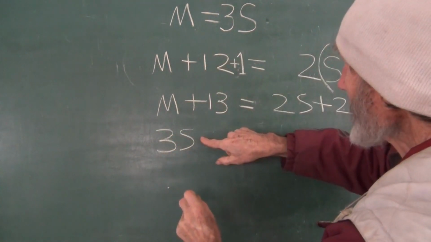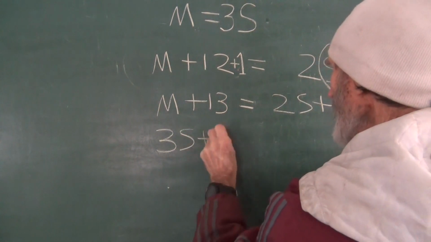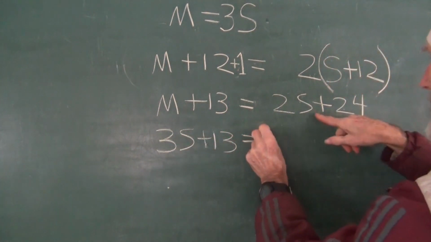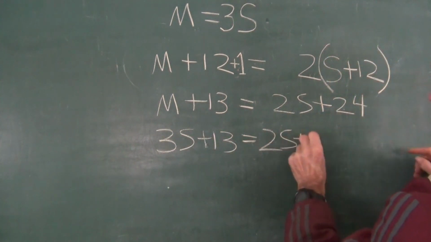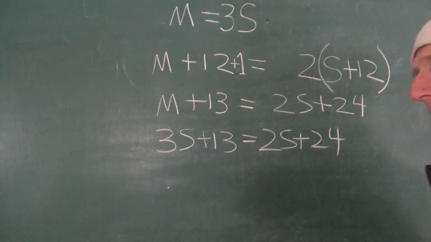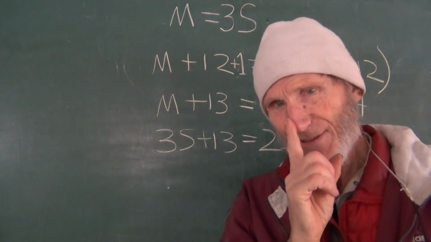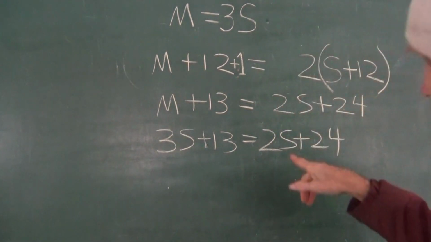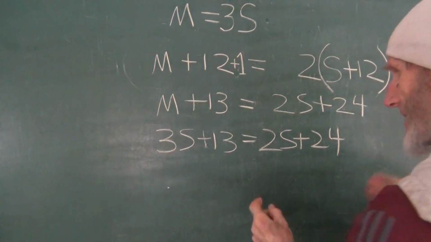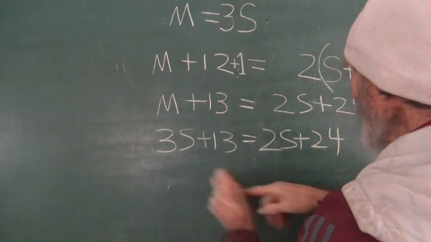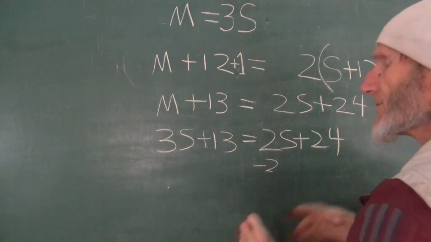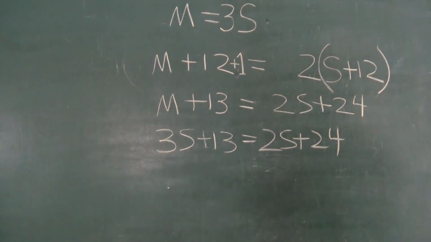Plus 13 equals 2s plus 24. Now, this looks kind of solvable, right? Because there's 1 equation and only 1 unknown, s. So if we take 2s and 3s here, we can subtract 2s. Well, do it, okay? Solve for s. What do you get?